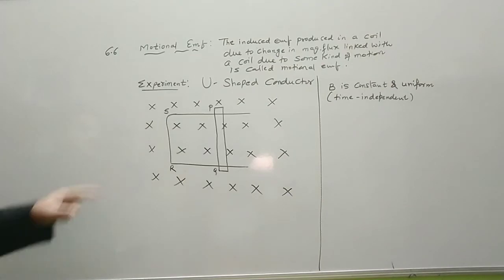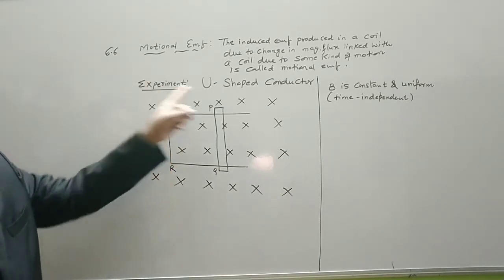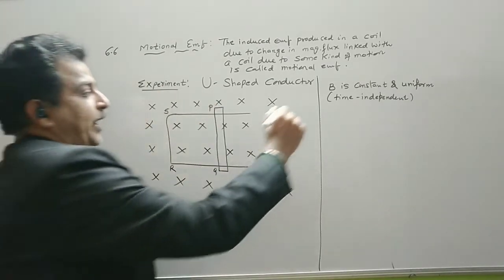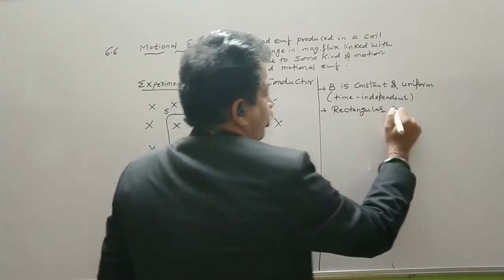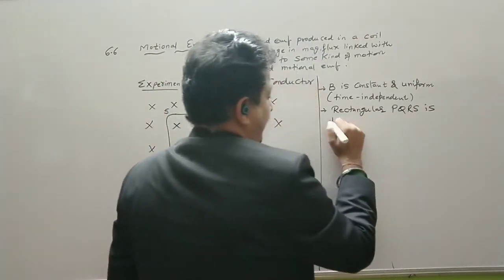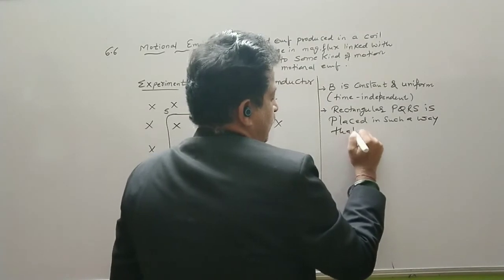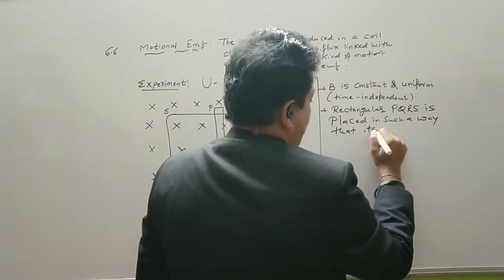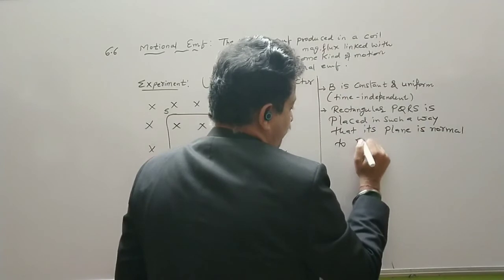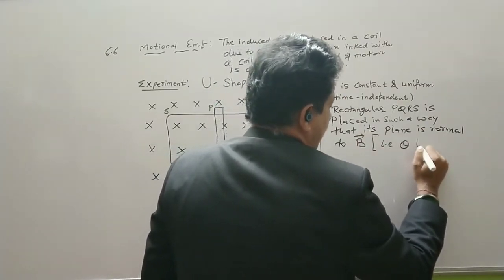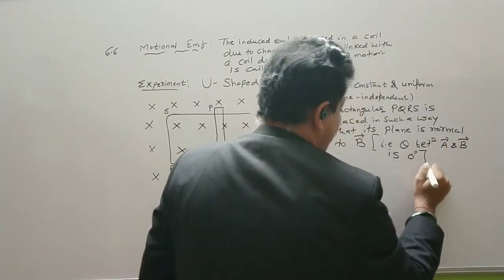Now it becomes a rectangular loop PQRS, placed in such a way that the plane of the loop is perpendicular to the magnetic field, its plane is normal to the B vector, that is, theta between the A vector and the B vector is 0 degrees.